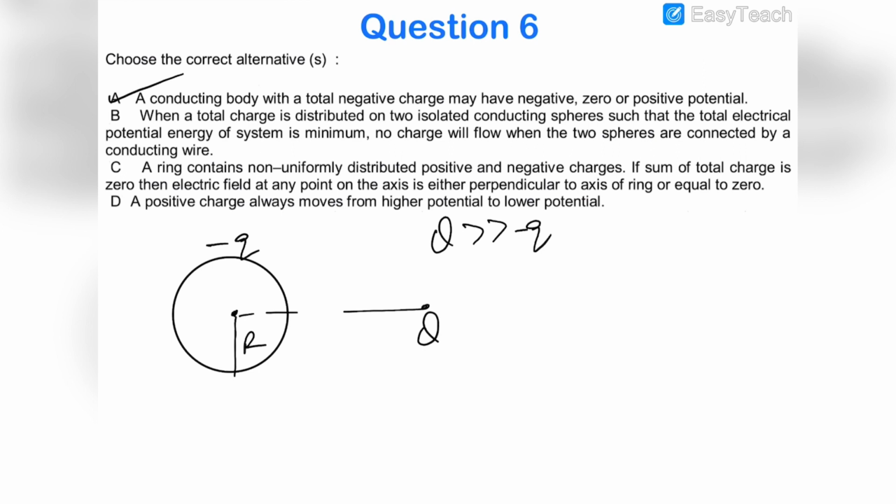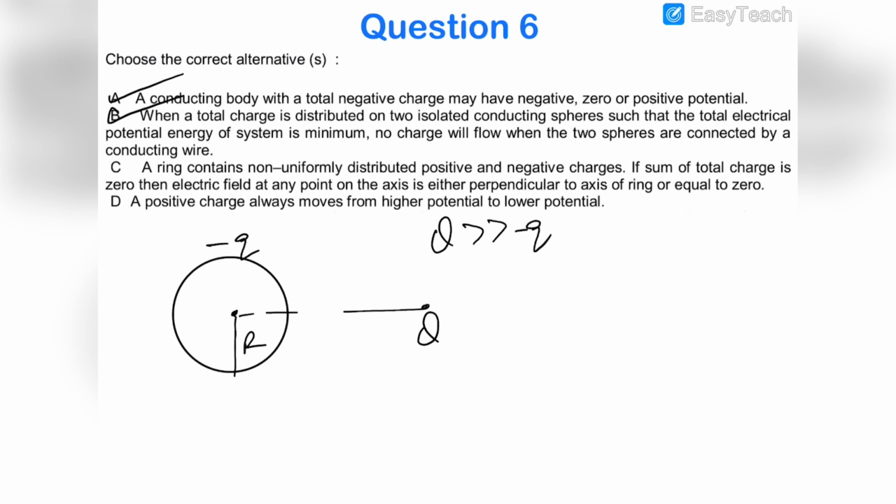So any self-occurring process always occurs to minimize the potential energy and to gain the stability. So we can say that if potential energy of the system is already minimum, then obviously on connecting the spheres no charge will flow from one sphere to another sphere. So B is also correct.